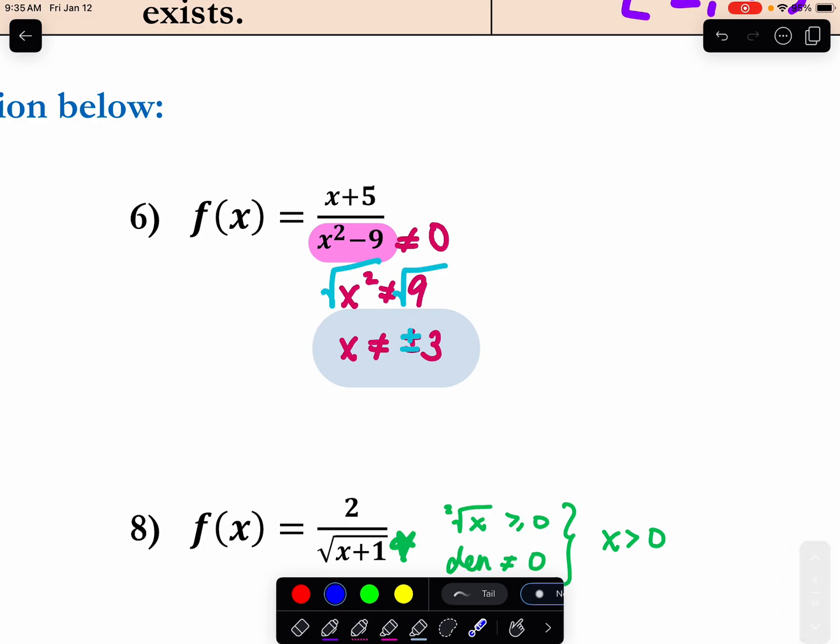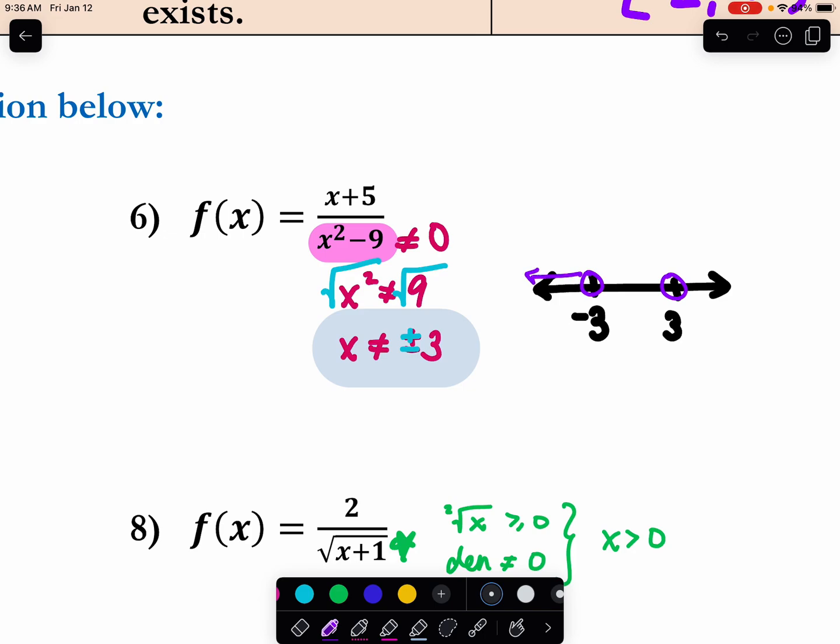Number 6, here's a rational expression. We have a denominator x squared minus 9. The denominator cannot be 0. So when we solve, we add 9 and take the square root. We get that x can't be positive or negative 3. So if we were to graph this, here's negative 3, here's positive 3. x has to skip over negative and positive 3.